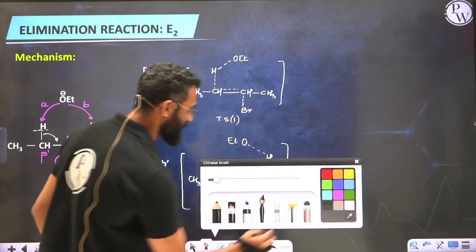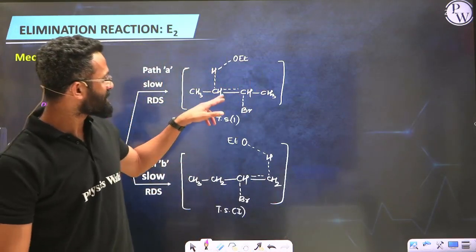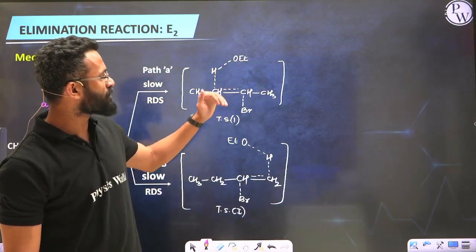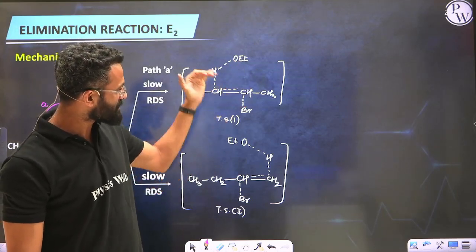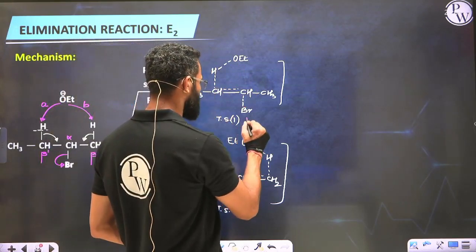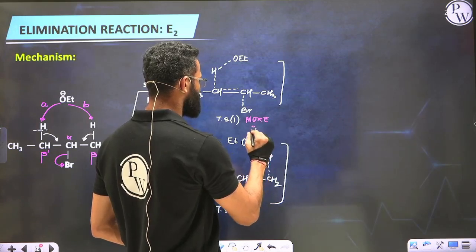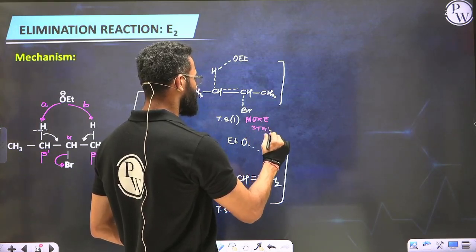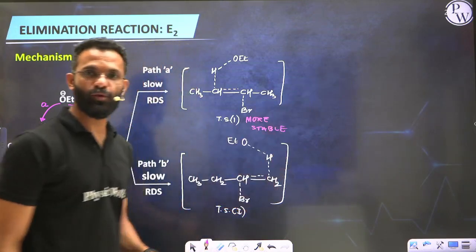But yet again, like we saw in the E1 reaction mechanism, this partial pi bond character is going to result in the formation of a more substituted alkene. So the energy of this transition state is lower. Hence this is the more stable transition state. Because this is the more stable transition state, the alkene formed from it will be the more stable alkene.